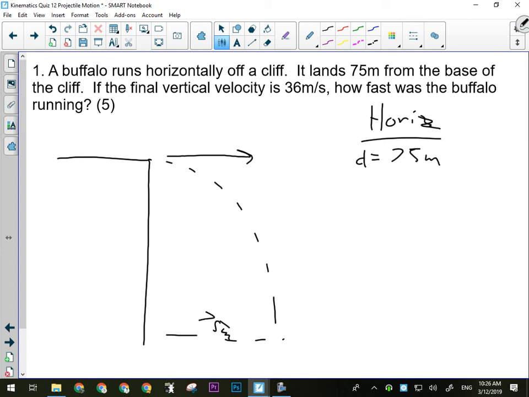We know that their final vertical velocity, so I'll put vertical stuff over here, is 36 meters per second, and we're looking for how fast the buffalo is running.